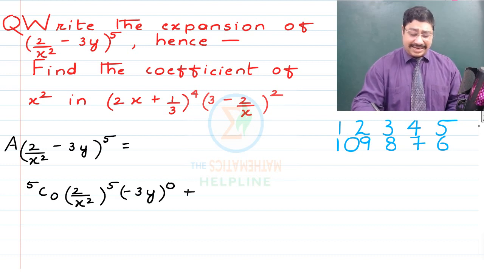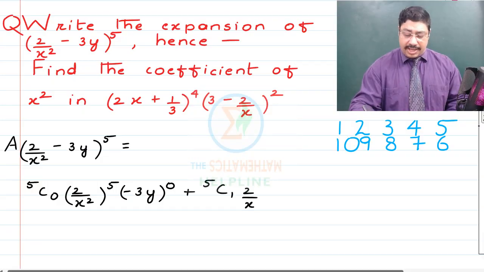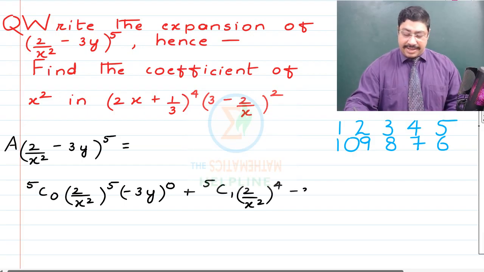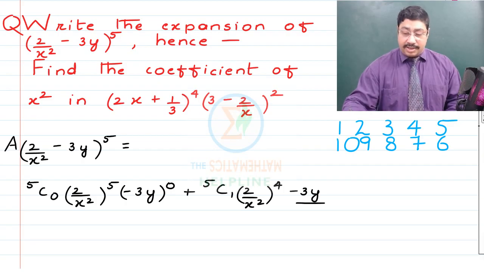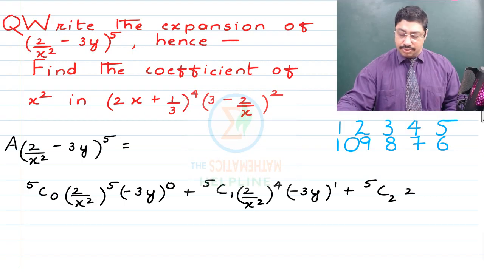To that is added the next term, which is 5c1, (2 upon x squared) whole raised to the power 4, (minus 3y) raised to the power 1, and then we have 5c2, the third term, (2 upon x squared) raised to the power 3, and (minus 3y) raised to the power 2.